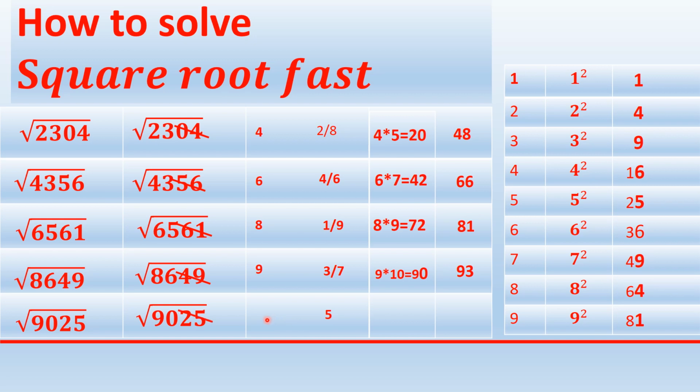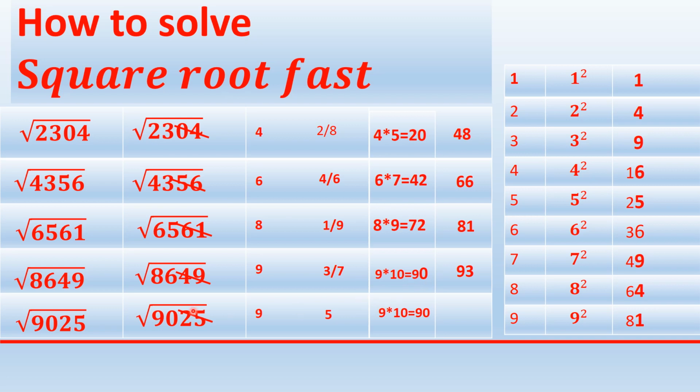So of course we cancel out 25. The number 90 is just above 81. So 81 is 9 squared. So we pick 9. So the result will be 9 times 10, which is 90.